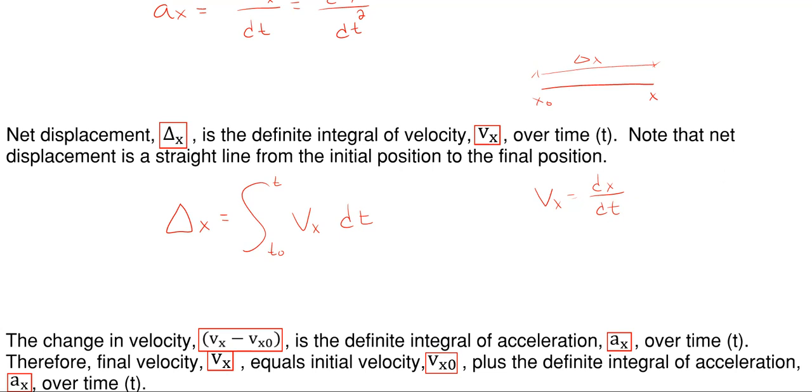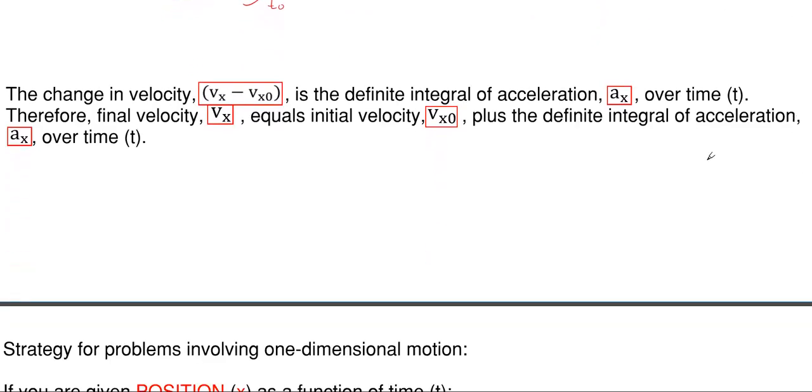All right, and the last one would be your change in velocity, which is represented by v sub x, your velocity, minus your initial velocity, because remember, little subscripts of 0 or o represent initial. So this is the definite integral of your acceleration over time. Therefore, the final velocity v sub x equals the initial velocity v sub o plus the definite integral of your acceleration a sub x over time.